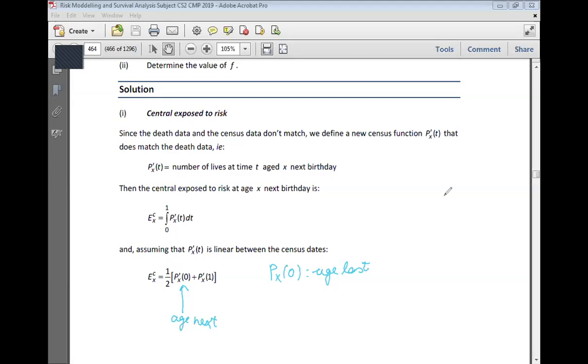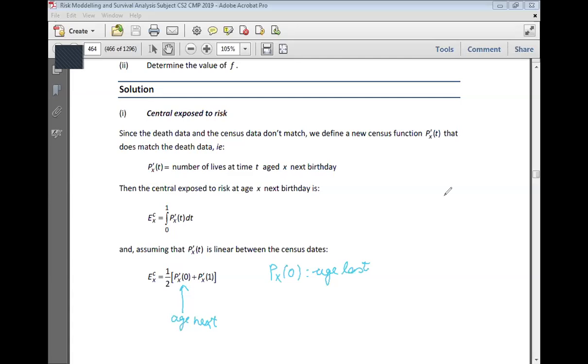Okay, perfect. So now what do you guys think this relationship is like? How can I rewrite my PX0 to suit the age next definition?